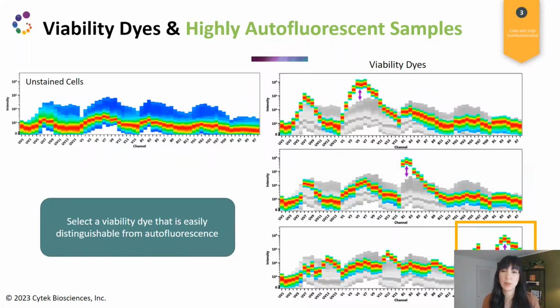You'll see that in the bottom plot, you get the most separation, because dyes that are excited by the red laser are probably going to be the easiest to use in terms of viability, because oftentimes the red laser doesn't have a lot of autofluorescence, so you get the best separation. So that would be my recommendation: if you have a highly autofluorescent sample, use a viability dye that's excited by the red laser.